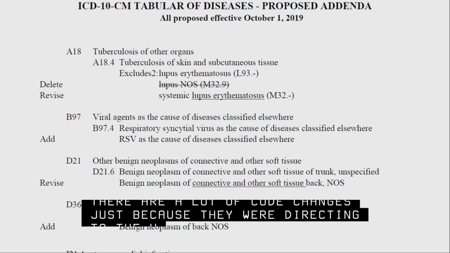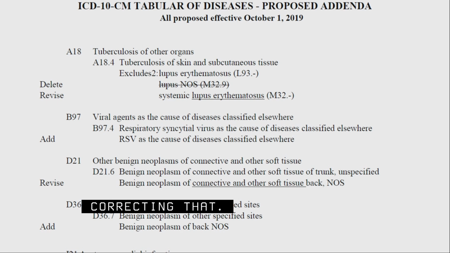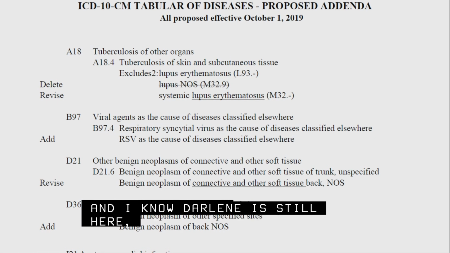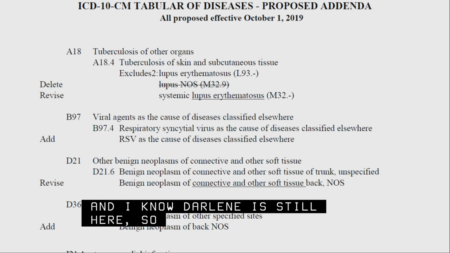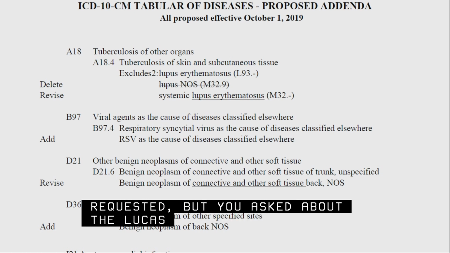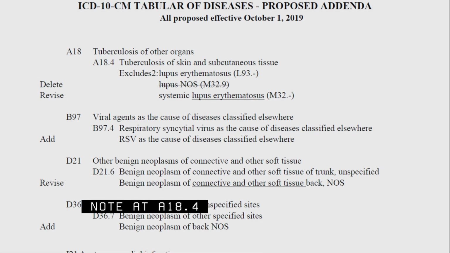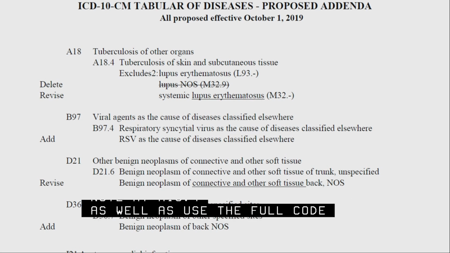And I know Darlene is still here, so I know you asked about the lupus NOS, and in fact, we are going to delete that from the excludes note at A18.4, as well as we're going to use the full code title for systemic lupus erythematosus.